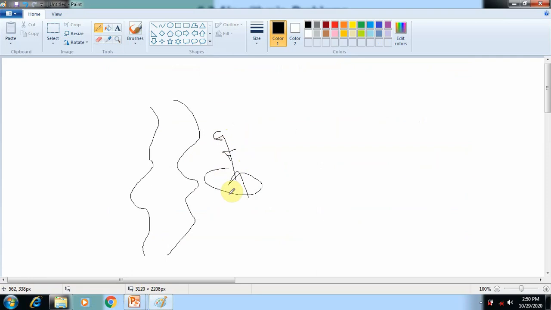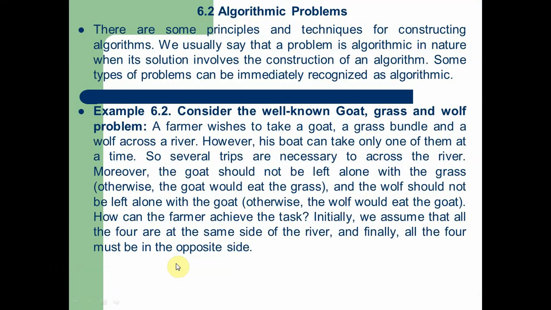All three members should cross this river and reach this side without any damage. This is the problem. How do they travel? Here your farmer wishes to take a goat, a grass bundle and a wolf across a river. However, his boat can carry only one of them at a time. So at one time, only two members can travel in the boat.